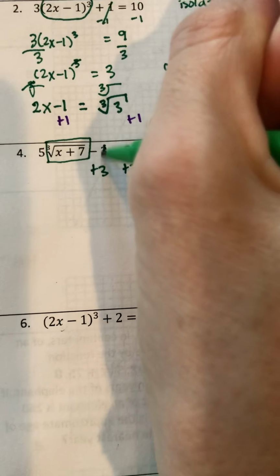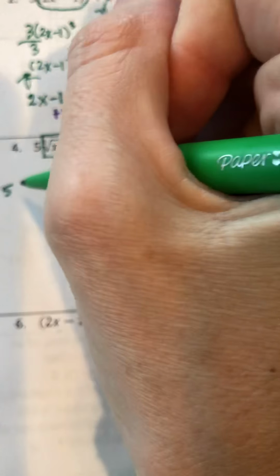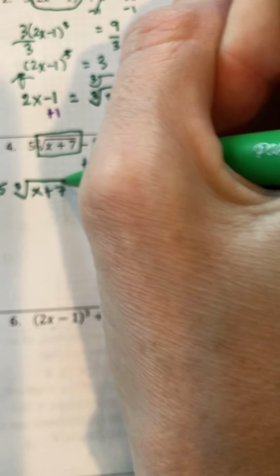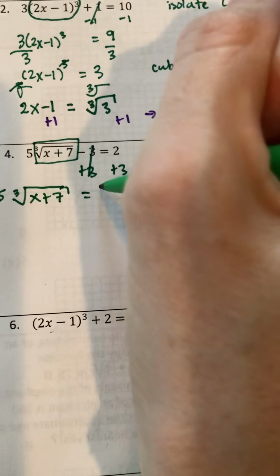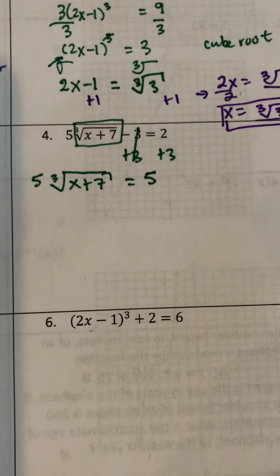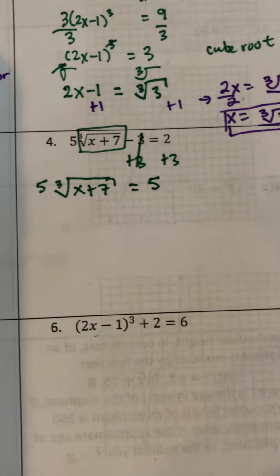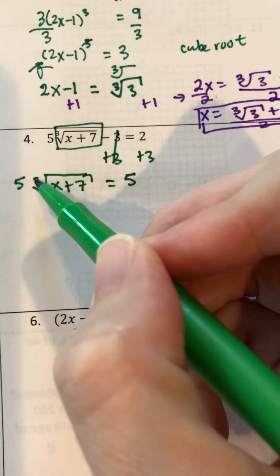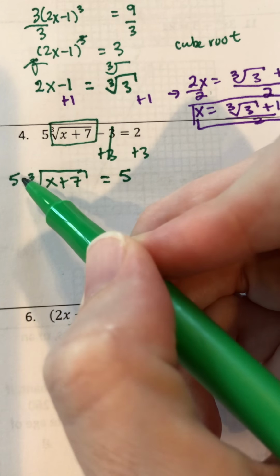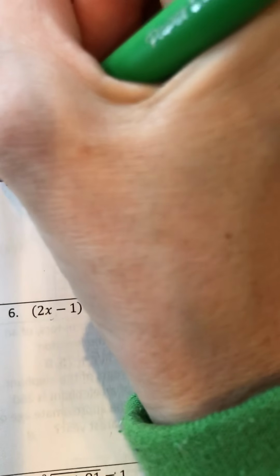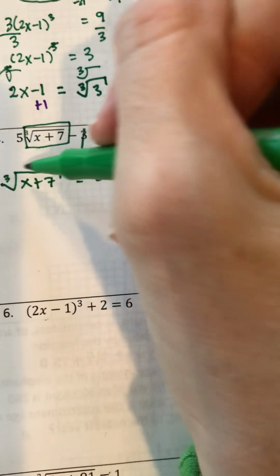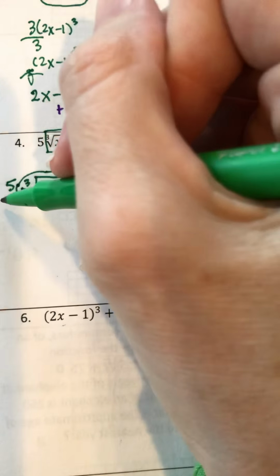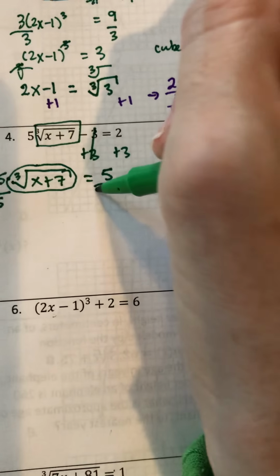That's going to cancel out, and we'll have 5 times the cube root of x plus 7 equals 5. This 5 is separate from this 3 here. The 3 is the index, telling you that this is the cube root. This 5 means times. So to continue isolating this radical, we would now need to divide by 5.